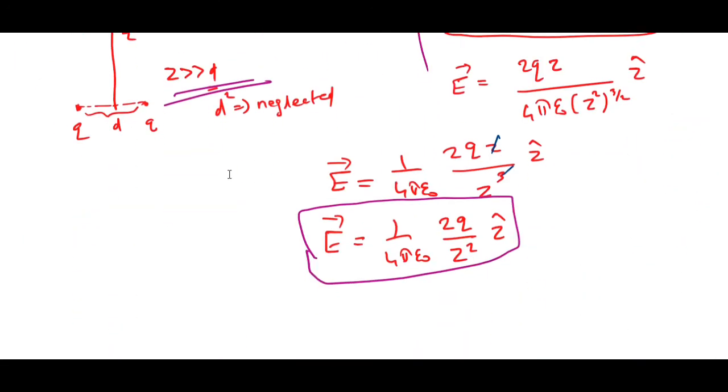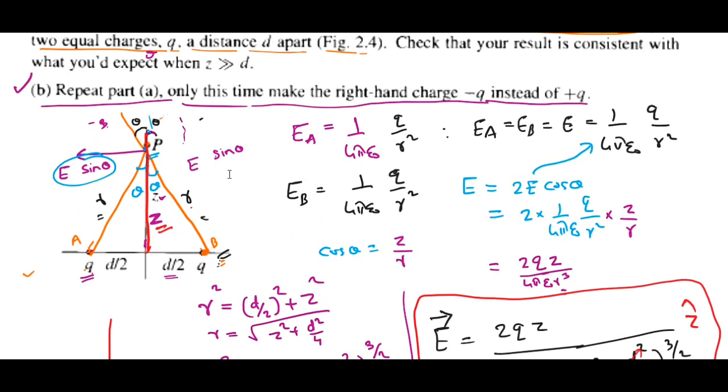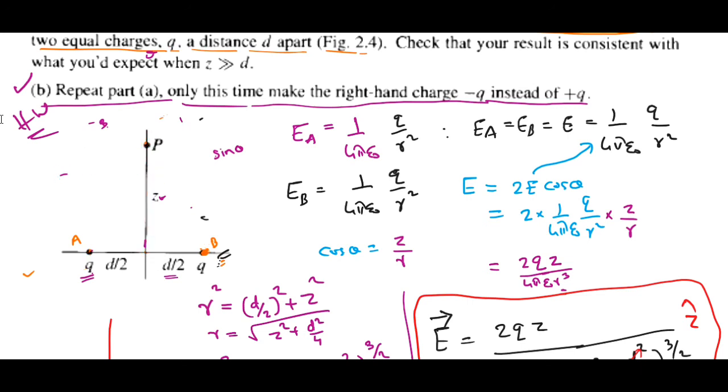You have to do this question as homework. The only thing you have to do is replace the right charge, instead of plus q, take it as minus q, and the other as plus q. Find the net electric field at the point P. That is the homework.